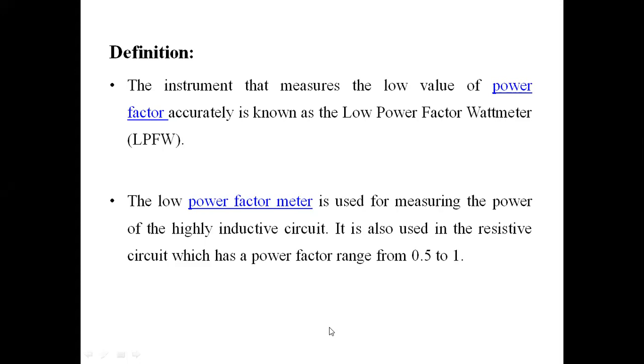Even with a continuous full scale deflection in the pressure coil and current coil, the magnitude of the deflection torque is very small, and an error occurs in this particular reading. When there is an error in the power reading, it is due to the pressure coil.